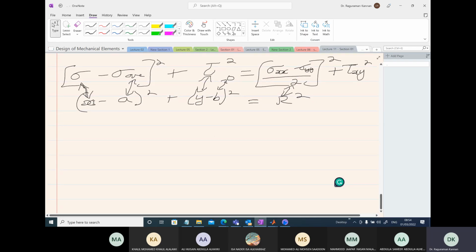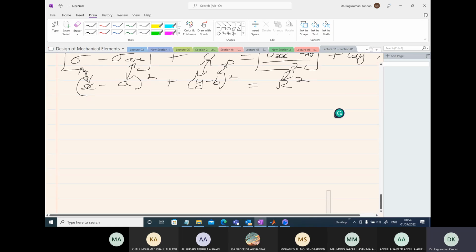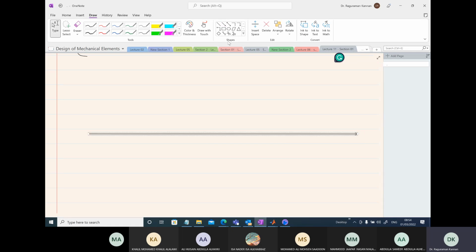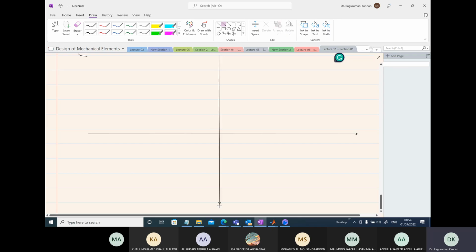How do you draw a circle? With the axes x and y. In the same way, we can draw a circle using the axes sigma and tau. By convention, I'm going to take the sigma axis positive towards the right hand side, and the tau axis positive going down.